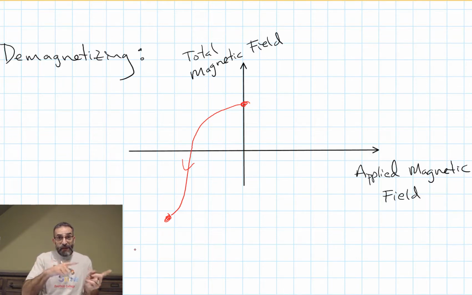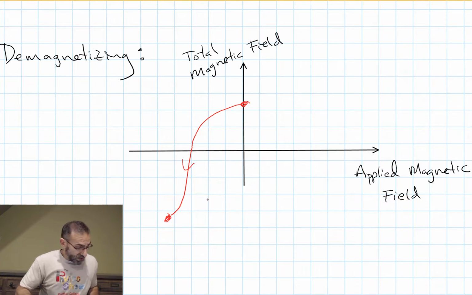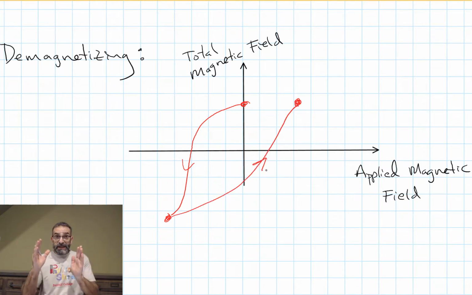Now we reverse our magnetic field, but we reduce the intensity of the field a little bit. So we get it to go in the opposite direction, but a little bit weaker field doesn't flip as many domains. So we left some of the domains in the other orientation and we flipped some of them.